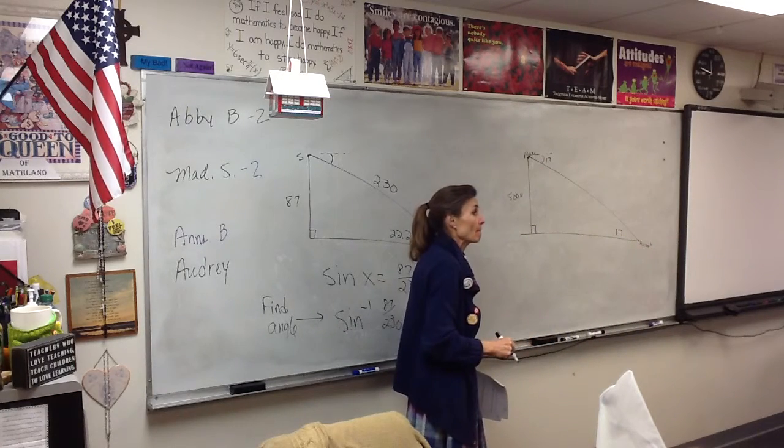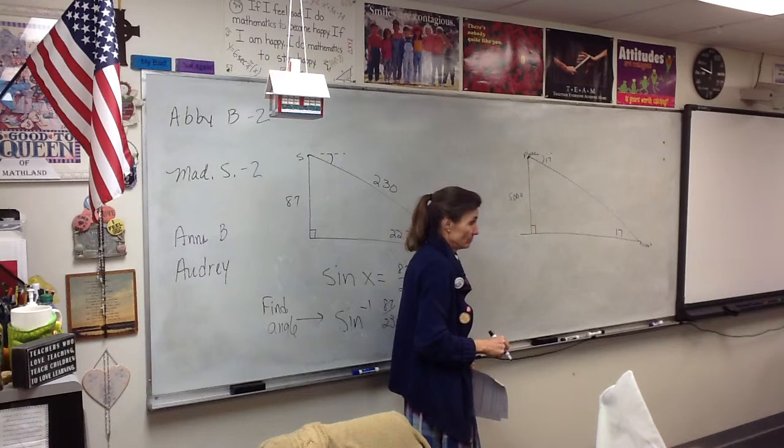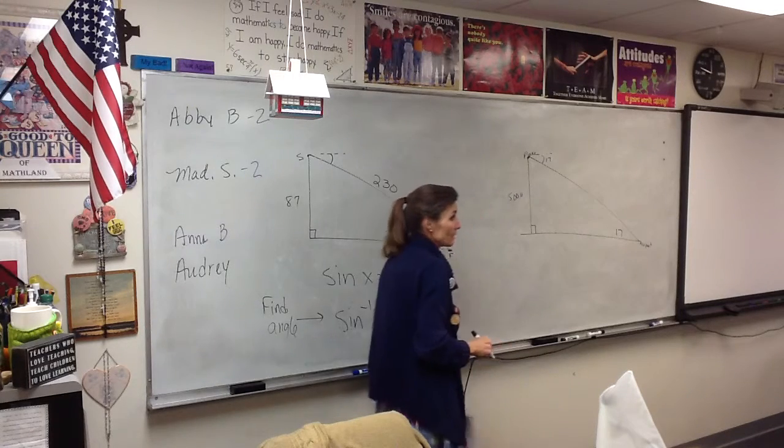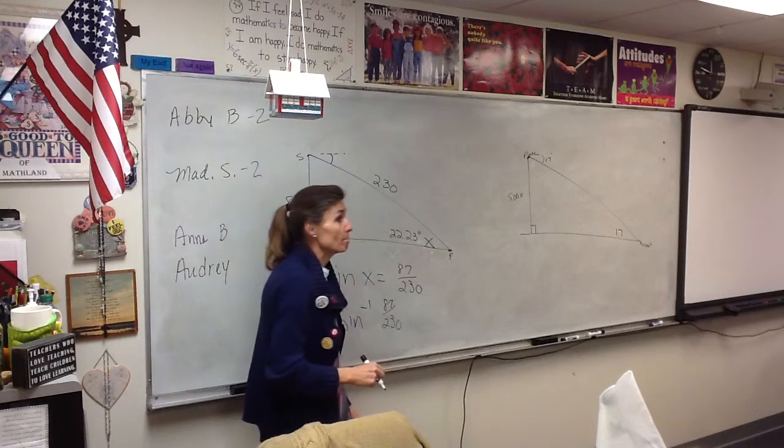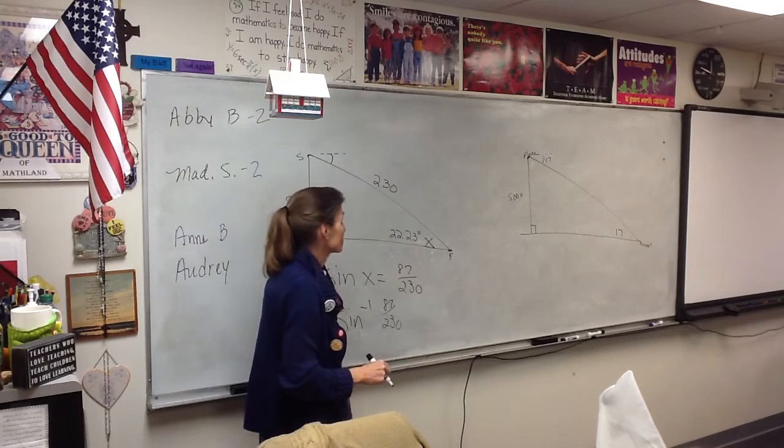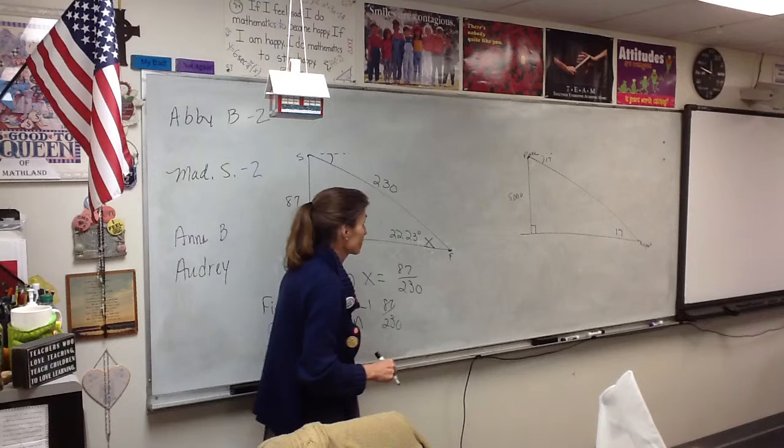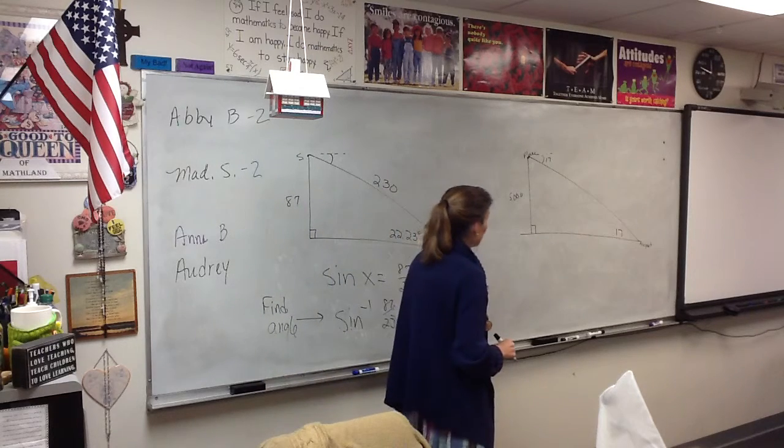So with the one about the fish and the bird, the angle of elevation for the fish is the same as the angle of depression for the bird? Yep. They always match.